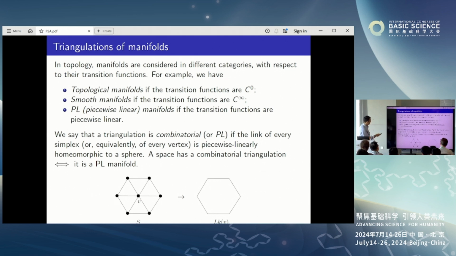You look at this vertex here, and you look at all the simplices that contain it, and you take the boundary. Okay. So if the link is a sphere, then locally the space looks like the cone on a sphere, so it is a manifold. Yes, question. It has to be piecewise linearly homeomorphic to the sphere, yes.